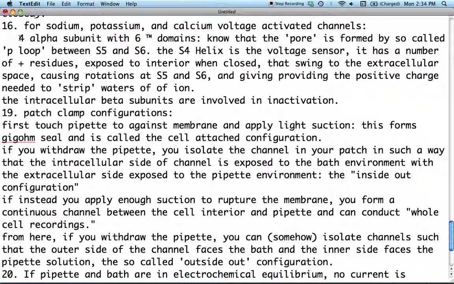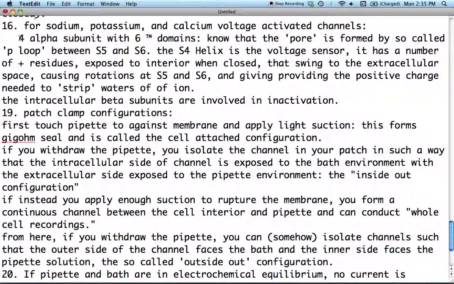Now the S4 helix is the voltage sensor in all of this. It has a number of positive residues which are usually exposed to the interior of the cell, indicating that the channel is closed. Now they sense when it's time to open, and they swing their positive residues to the extracellular space, causing rotations at S5 and S6.